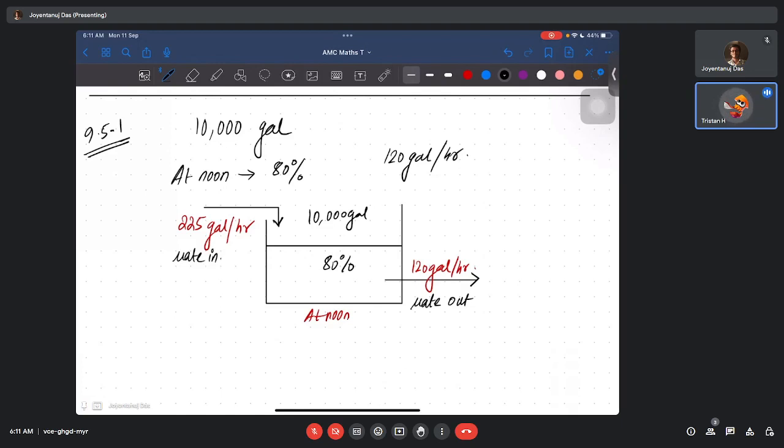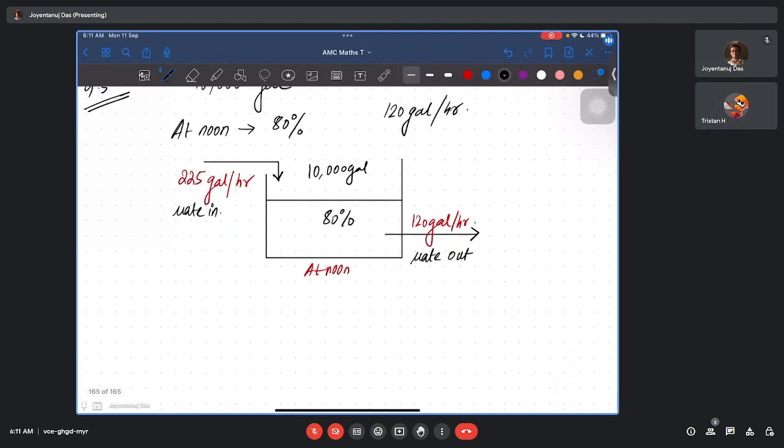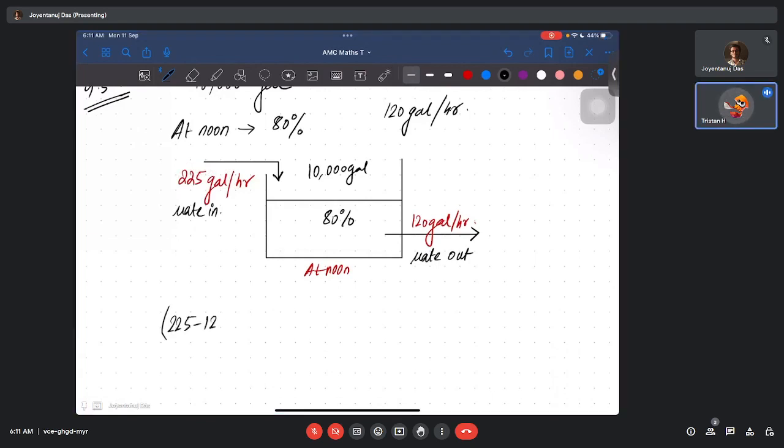Set the equation 105x plus 8,000 is larger than or equal to 10,000. So 105x is the difference between these two rates, right? So how much the pool gains every hour, plus 8,000, because it's 80%.